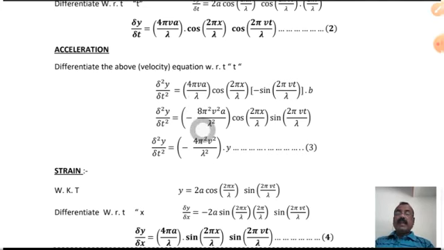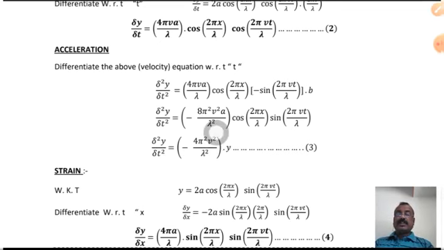That is 8 pi squared v squared by lambda squared into a, cos 2 pi x by lambda sin 2 pi vt by lambda. If we want to reduce the same equation, then we can write the expression as del square y by delta t squared by taking minus 4 pi squared v squared by lambda squared.